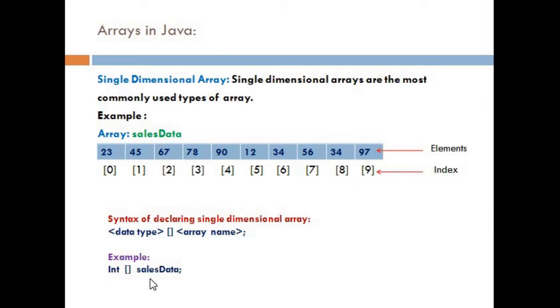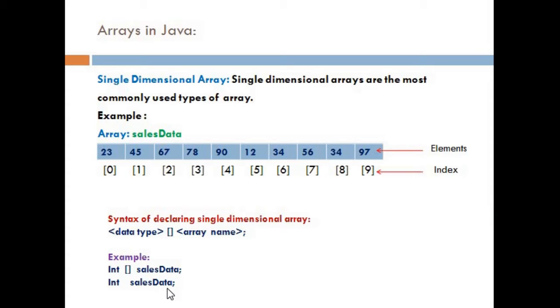So this box denotes that the variable sales data is an array variable and it can store a range of values. Now what is the difference between the array variable and an ordinary variable? An ordinary variable can store only one particular value, whereas the array variable can store a range of values.